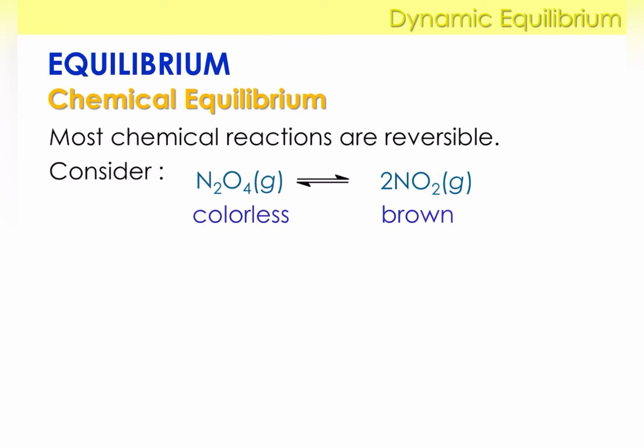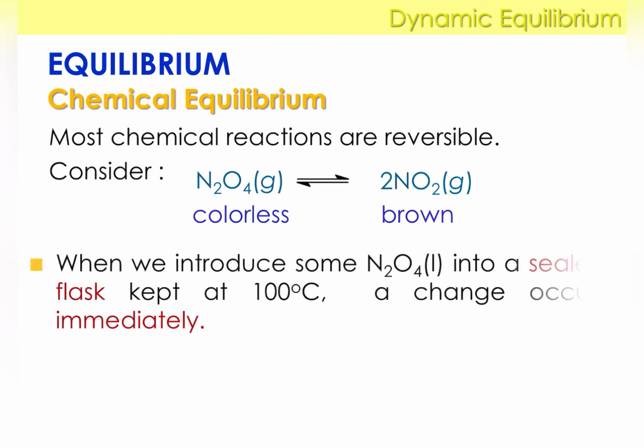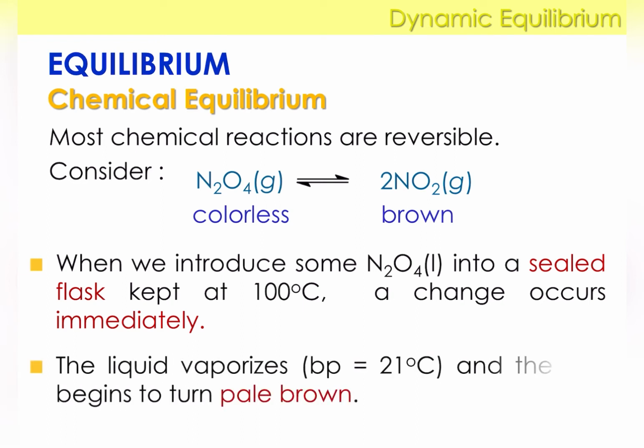So when we introduce some N2O4 liquid into a sealed flask kept at 100 degrees Celsius, a chemical change will happen immediately and the liquid vaporizes and the gas begins to turn pale brown. So that's why from colorless dia jadi warna brown.